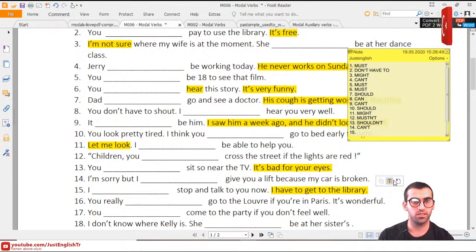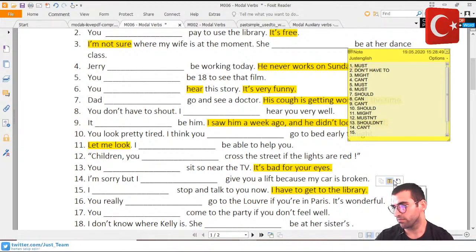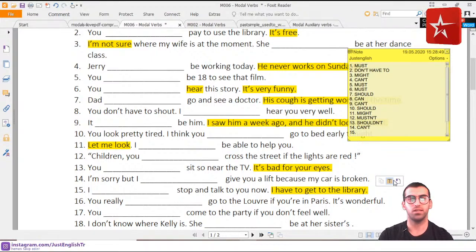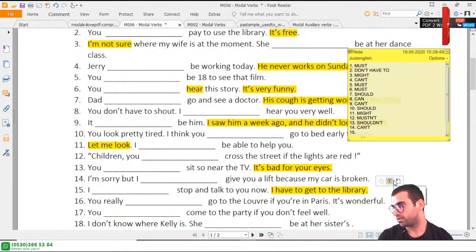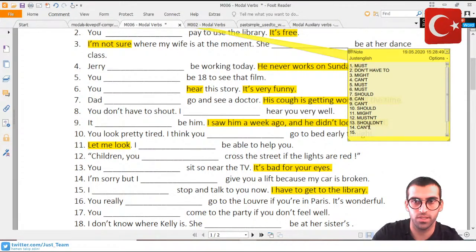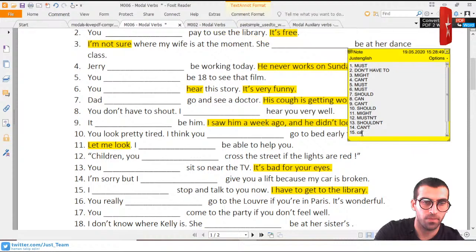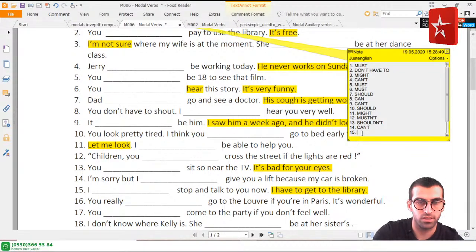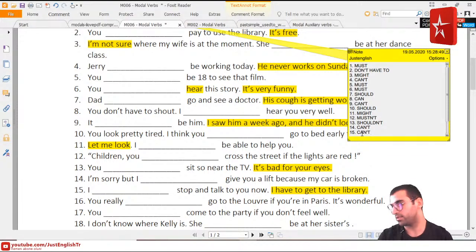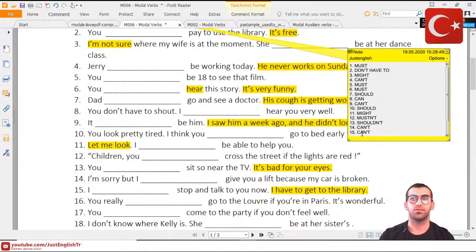Okay, I can't stop. Yes. Great. Can't is the correct answer. 15 is can't. Okay, let me use capital letters. Can't. Yes, can't is a correct answer.